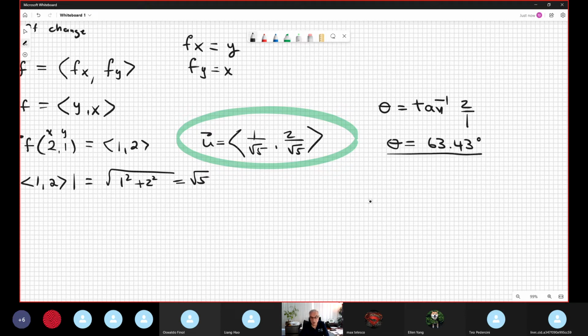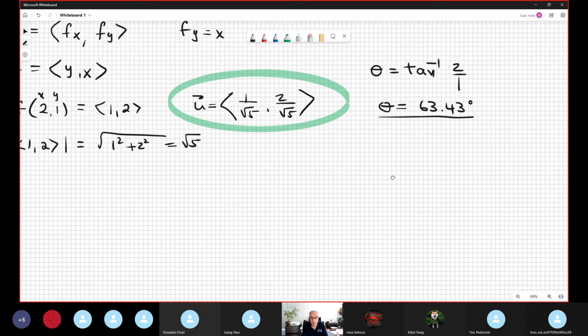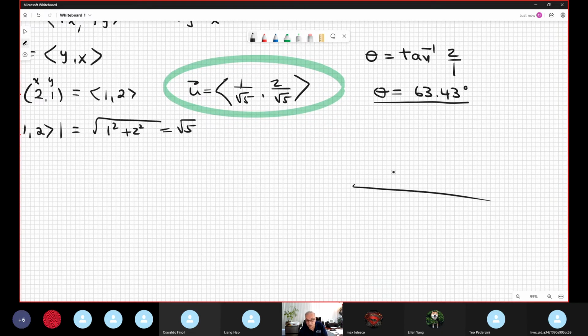So you are on the surface. You have a point, which is 2, 1. You move from this point using this angle, supposing it is positive, measured with respect to the x-axis. This is my sketch.